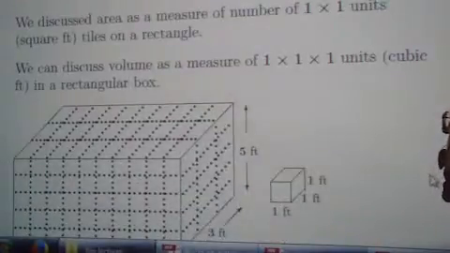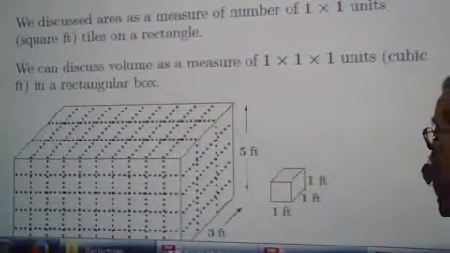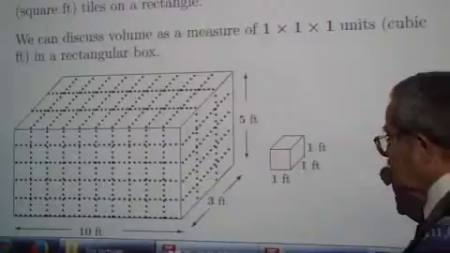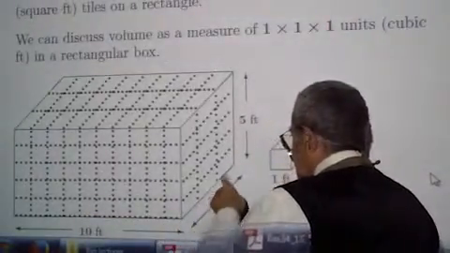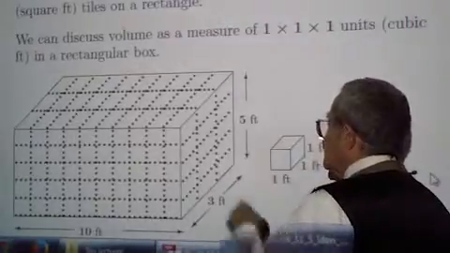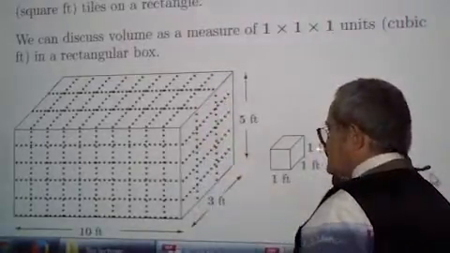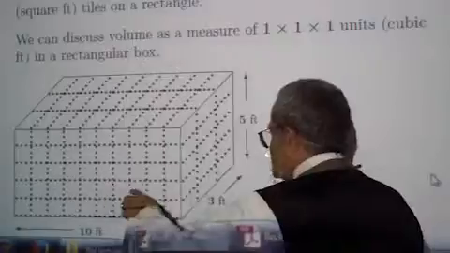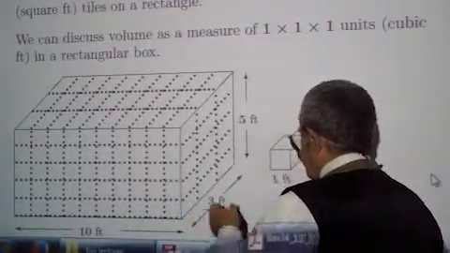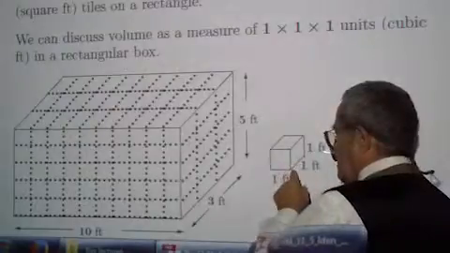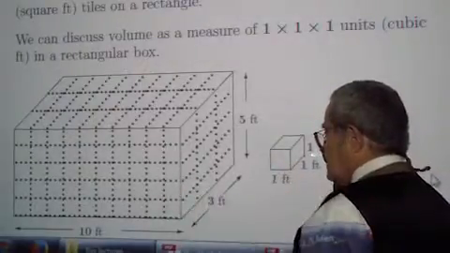Here is my rectangular box. You have 10 feet on the length of the base, 3 feet on the width of the base, and 5 feet in height. I show you with these dotted lines how many of the 1x1x1 boxes you can have in here.